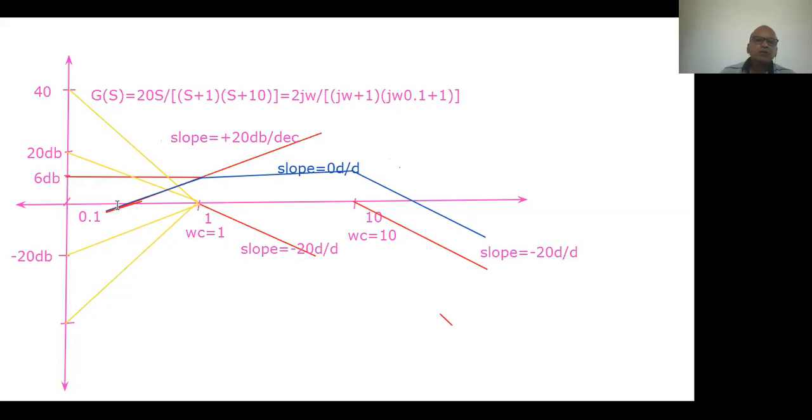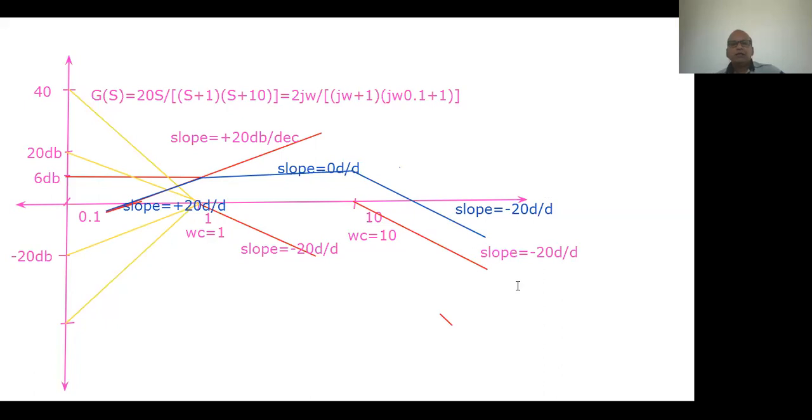Here is the slope equals plus 20 dB per decade. And here the slope equals minus 20 dB per decade. Okay. This is the way, that blue color shows the asymptotic magnitude plot.